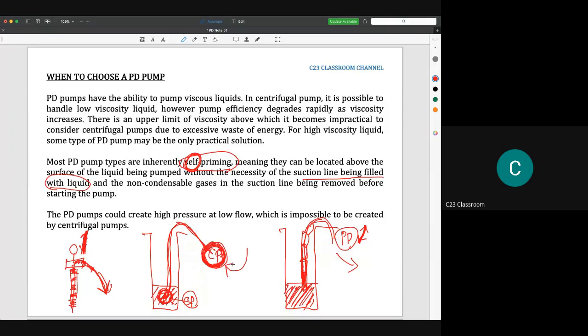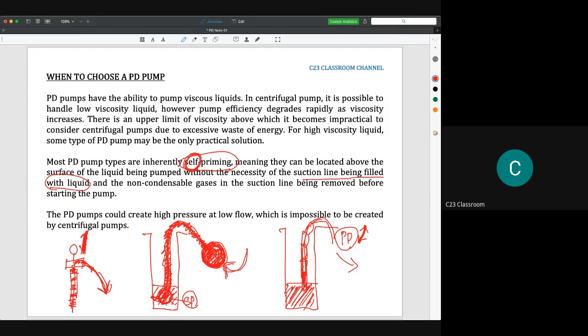You fill water from the outlet of your centrifugal pump here, and make sure that the water fills the centrifugal pump, and then fills the suction line here. Then you could switch on the centrifugal pump. Then the water filled in the line here will suck the water continuously into the pump again.